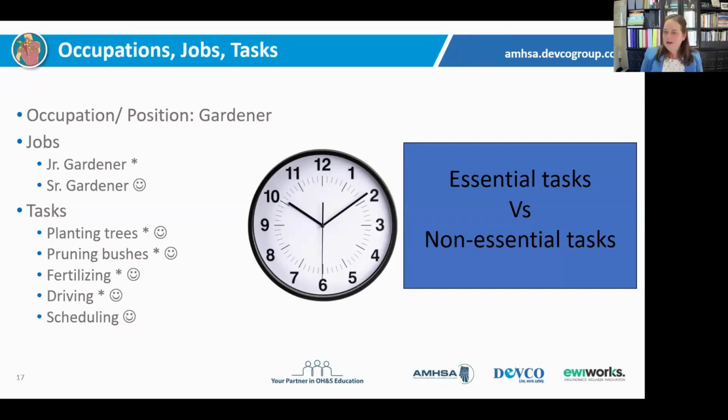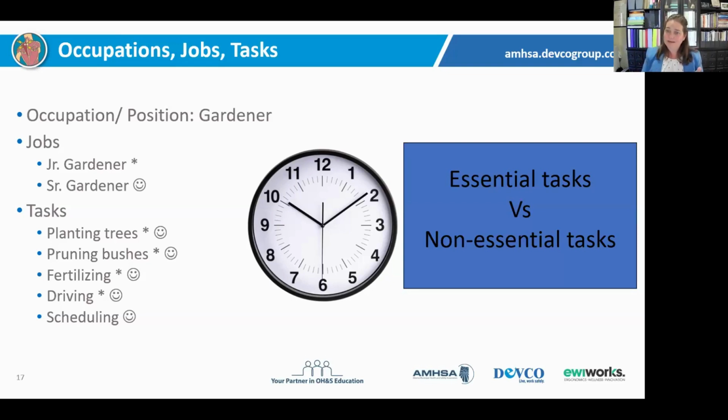We're going to go back to this gardener job very briefly. So if we're looking at the junior gardener and senior gardener, for example, we're going to go back to scheduling. So if the senior gardener is in charge of scheduling, they have an extra task on their plate.